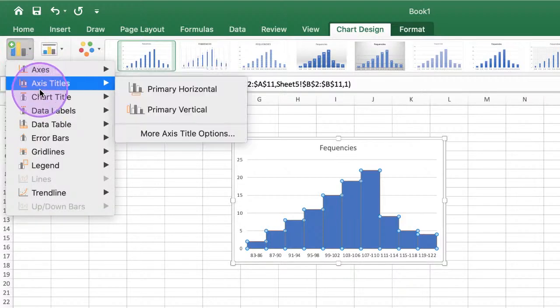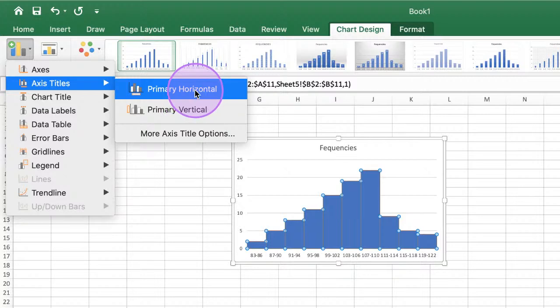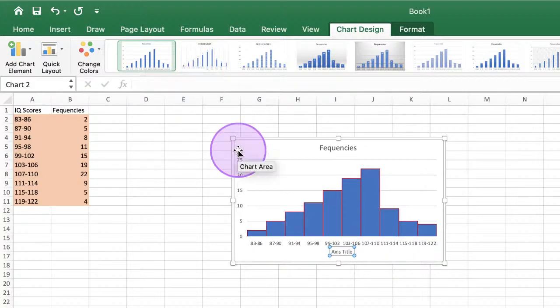Which one would you like to add? A label along your horizontal axis. So, primary horizontal, axis title. What are these values along your x-axis? These are the IQ scores for the classes.